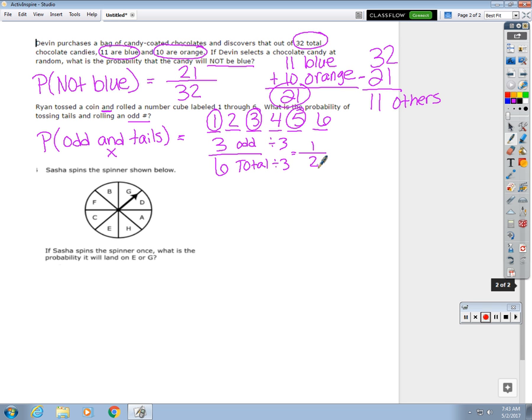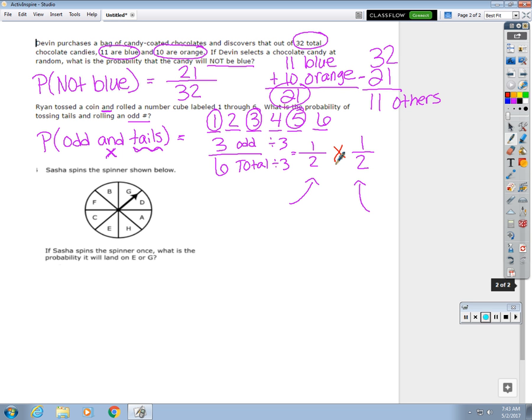Okay? Now we need to find the probability of him flipping tails. So there's two sides to a coin. So there's one tail out of two sides total. So the probability of getting an odd number is 1/2, and the probability of flipping tails is also 1/2. And I said when you're looking for odd and tails, you're going to multiply those two fractions together.